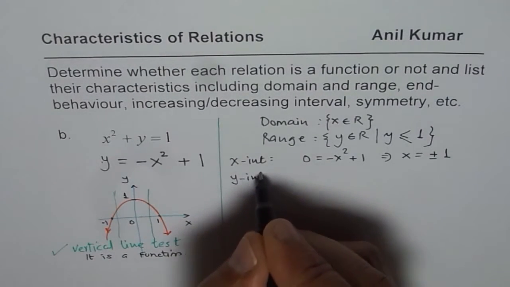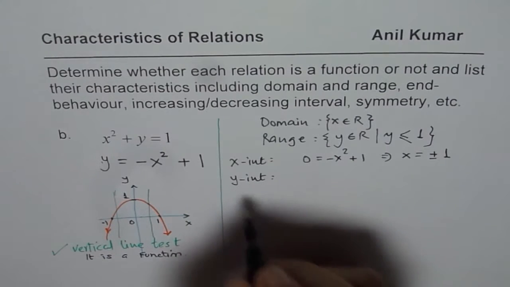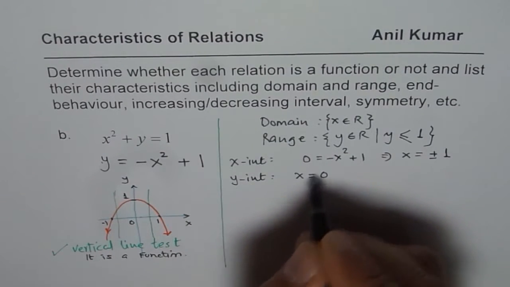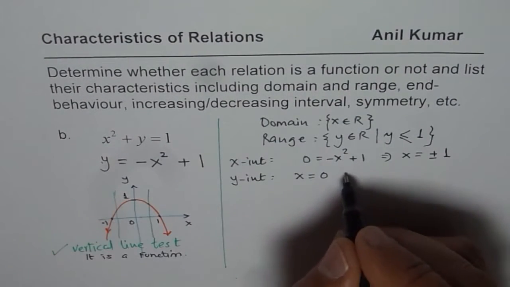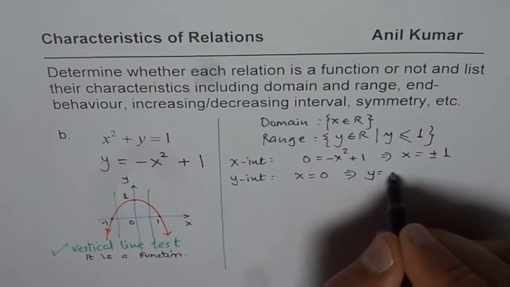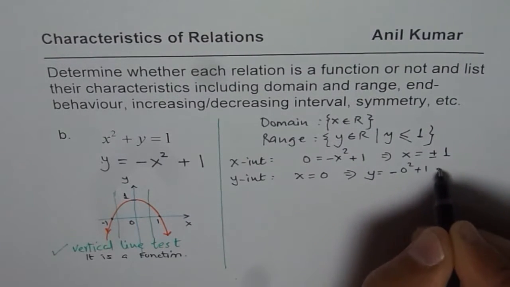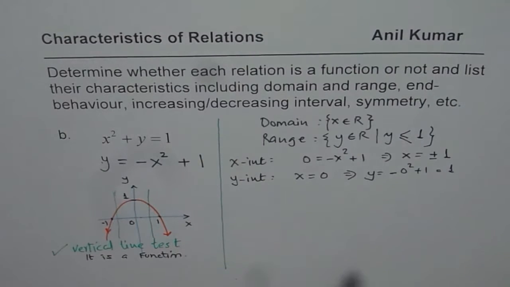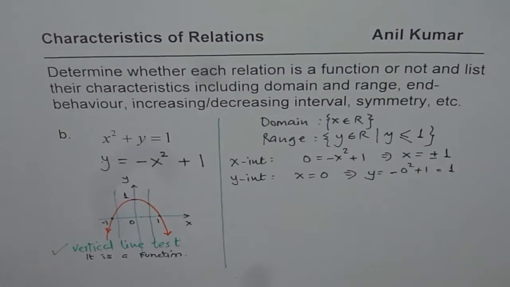Similarly, let's find what y-intercept is. Y-intercept is a point where x is equals to 0. Substituting x equals to 0, we get y equals to minus 0 squared plus 1, which is indeed 1. So x-intercepts are plus and minus 1 and y-intercept is just plus 1. So that is a part of characteristics.